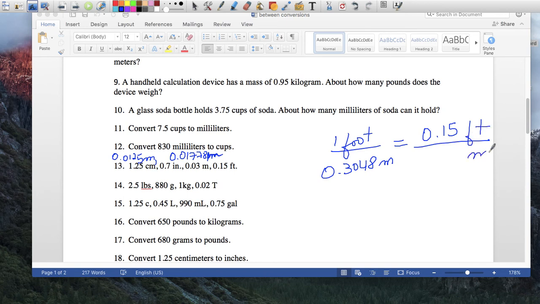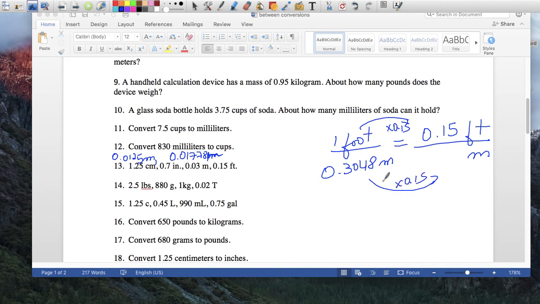I'm going to change that to meters. So is there a relationship? Yes, there is. We're going to go this way this time. Times 0.15, and this is going to be times 0.15.